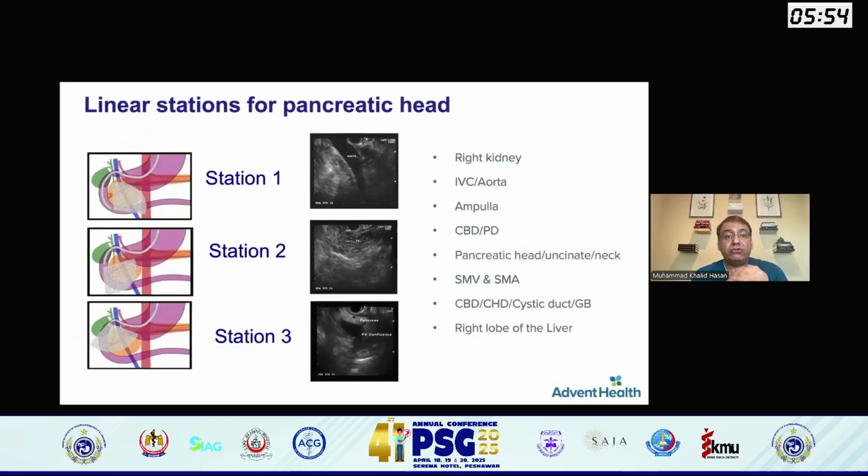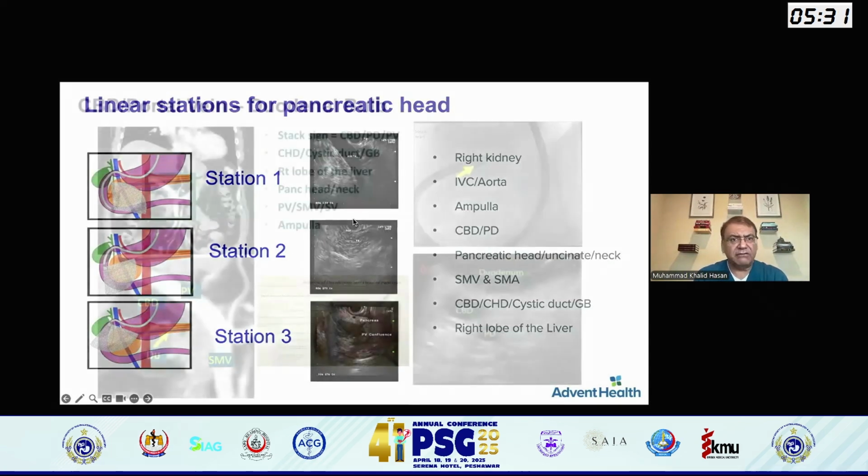Stations 1, 2, 3, as I mentioned earlier, are the textbook stations, but for me, station 1 is the stomach, which I just explained. The second station for me is the duodenal bulb, when the scope is in the long position going into the bulb. The third station for me is the second and third part of the duodenum, but I'll go over that in the next few slides.